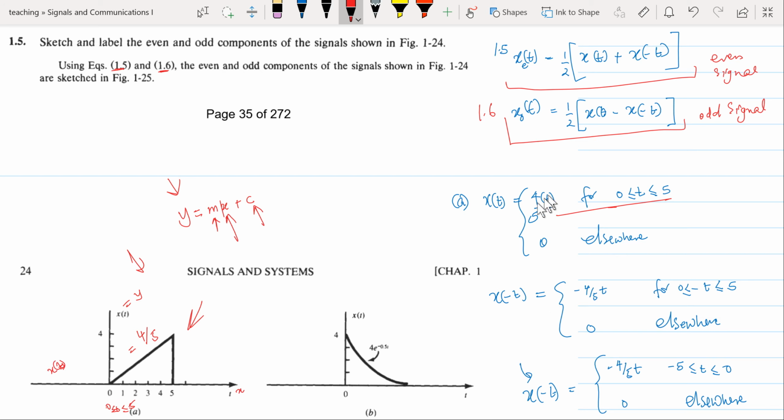Therefore, from that point, knowing that we are going to require x of negative t, we just replace everywhere we have t with negative t. We have negative 4 over 5 of t, and negative t comes into our range.